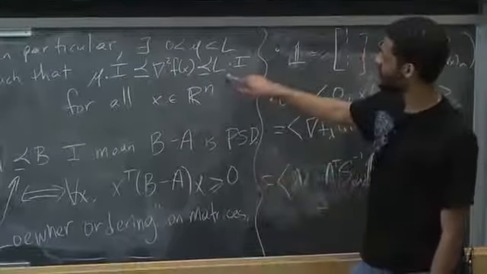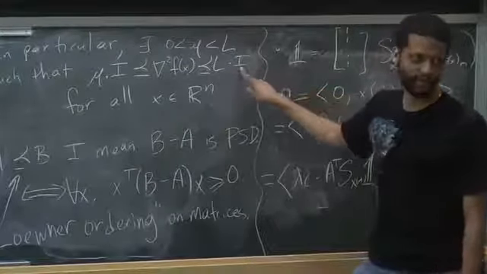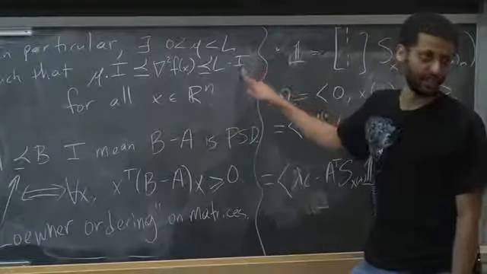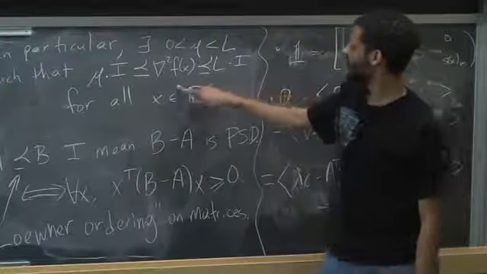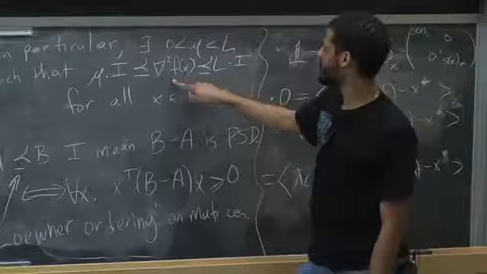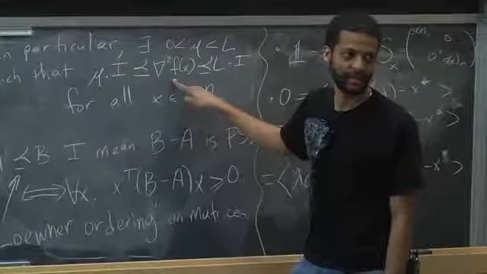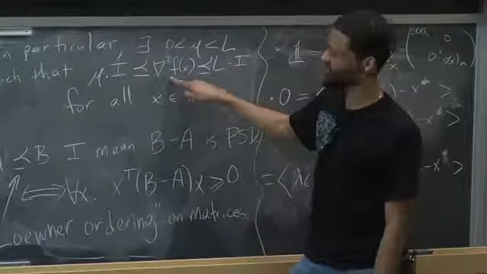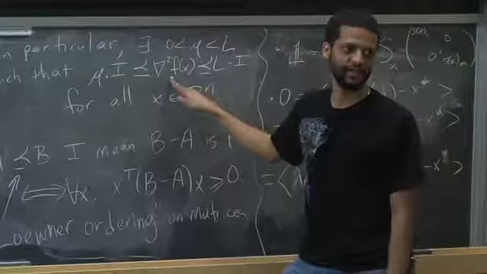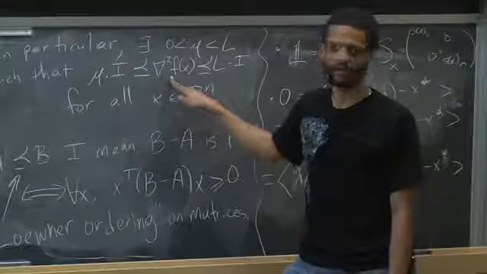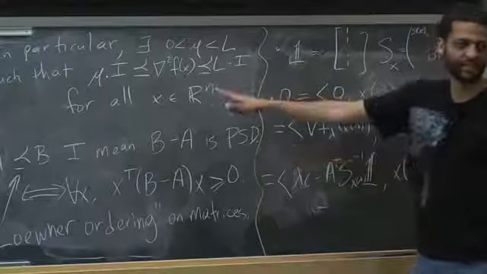So if x has unit norm, the max of x transpose LIx is just L, whereas here, it's at most the largest eigenvalue times x transpose x, which is the largest eigenvalue. So that says the largest eigenvalue is at most L.